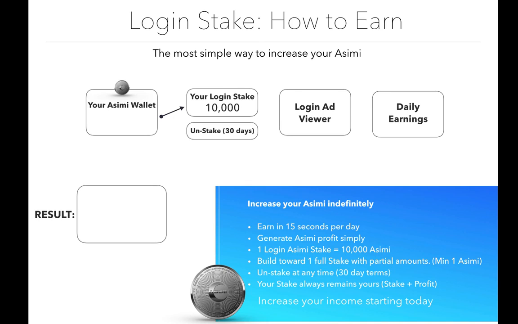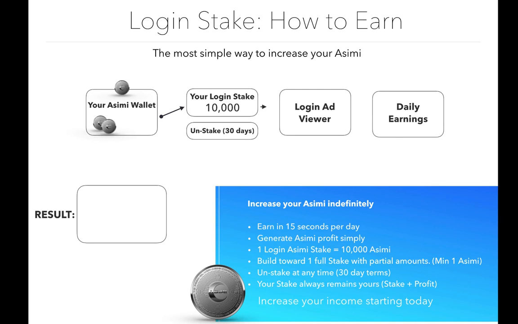However, when they're sitting there in that login stake, it enables you to view the login ad and earn an income every single day. And that daily income is paid directly into your Asimi wallet. What's so exciting about this is you can continue to do this day in, day out. You view the login ad, it takes 15 seconds, you get the daily earnings, and they're paid to your wallet.